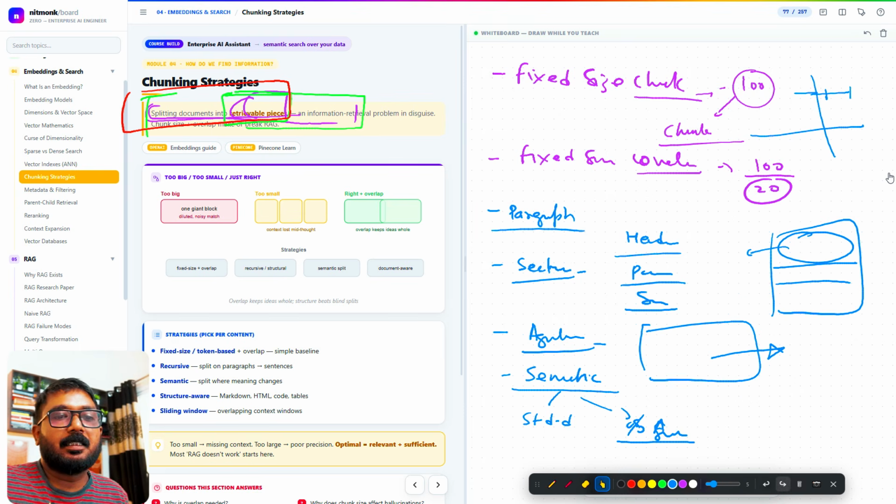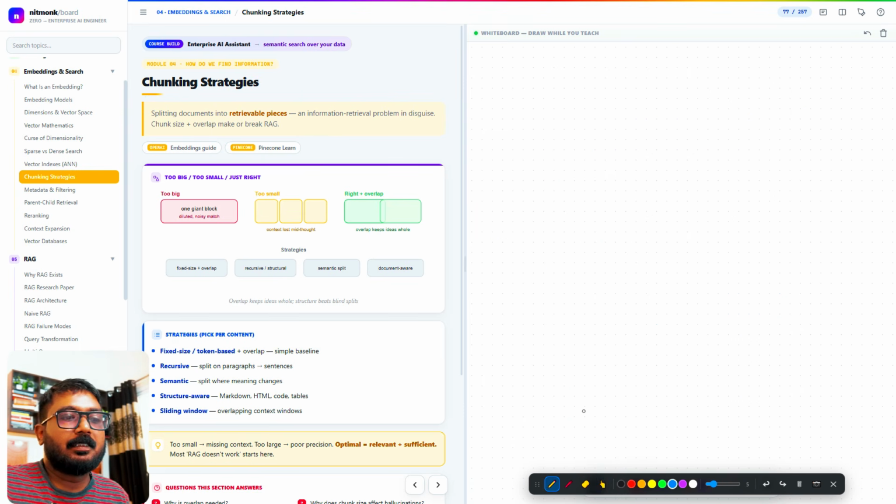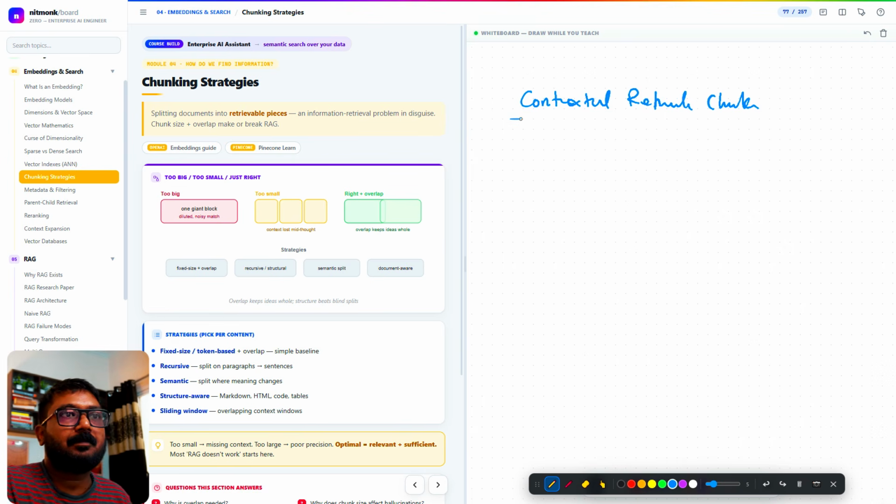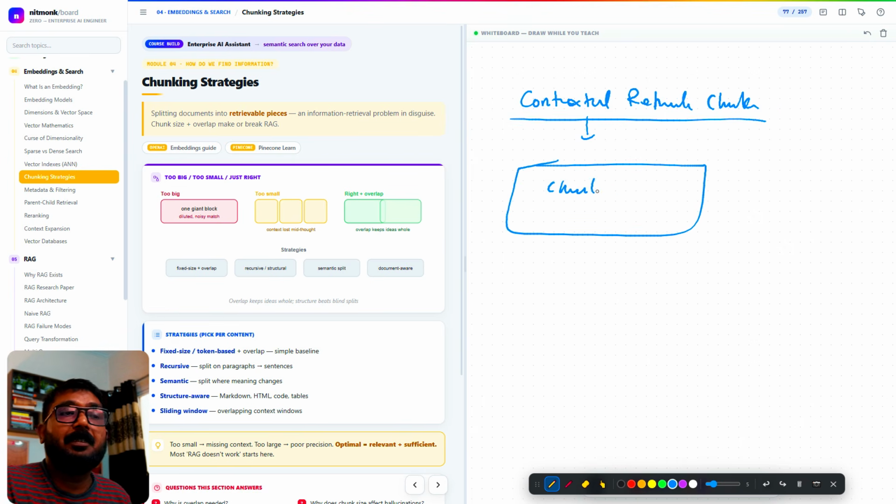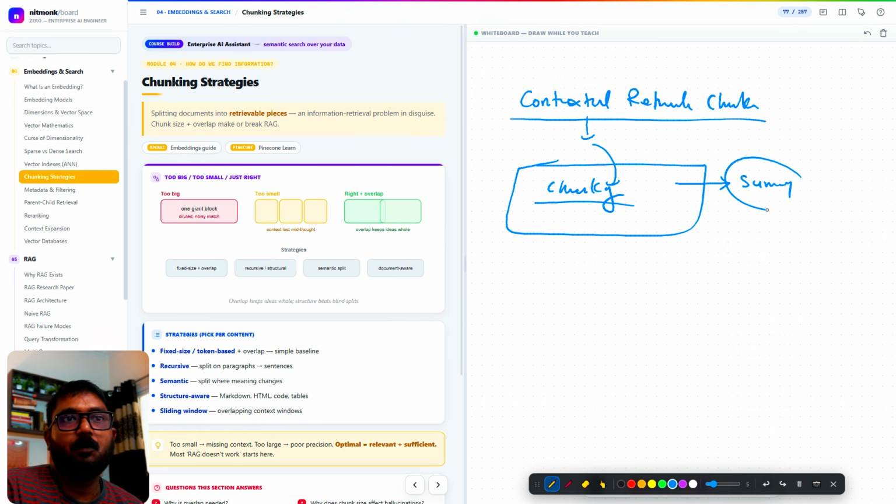There are other chunkings, I can tell you. There are chunkings like contextual retrieval chunking, right? In here what happens is you pick a chunk. I have discussed in detail in that video. If you pick a chunk and do embedding on it, and then you put in a summary of what this chunk says, and then you try to index it.